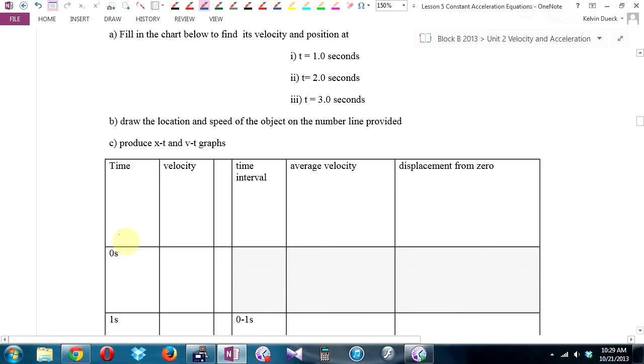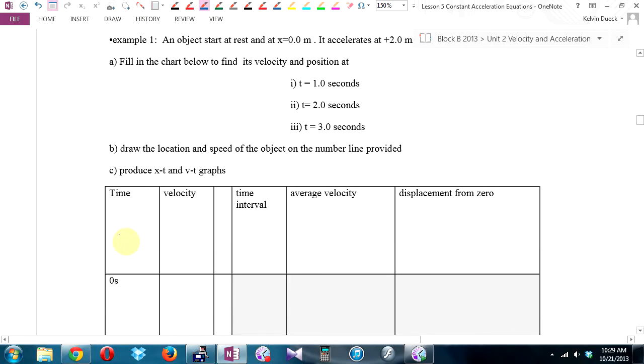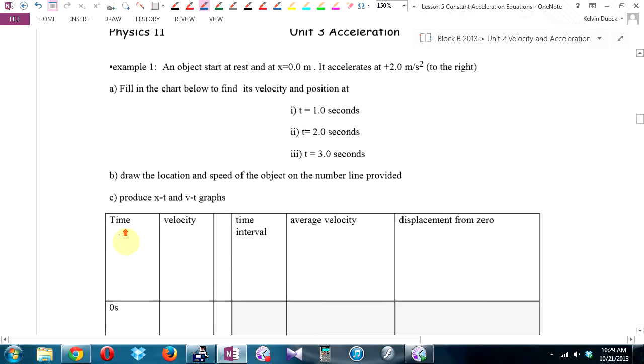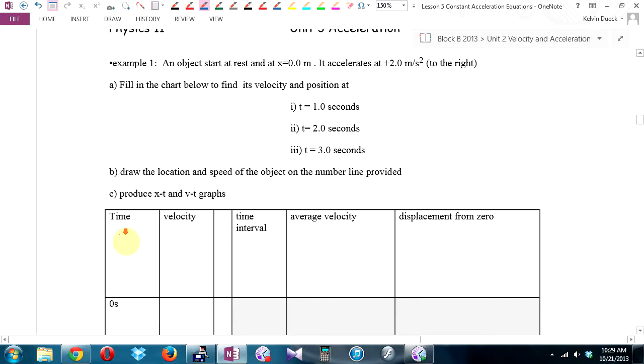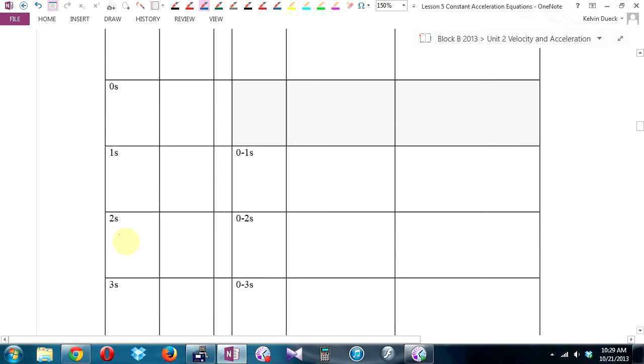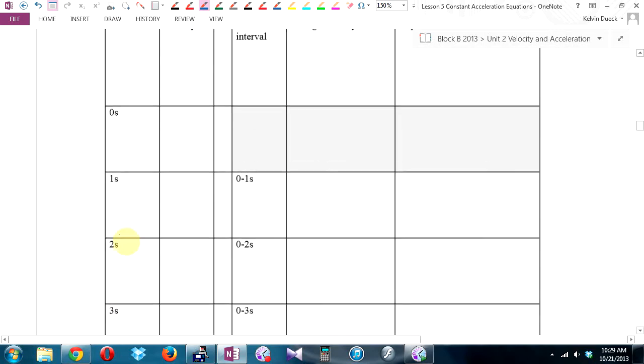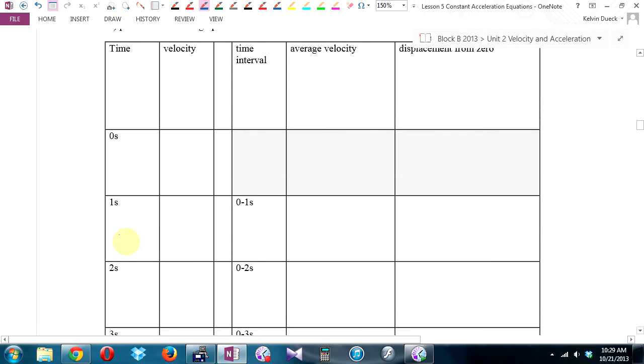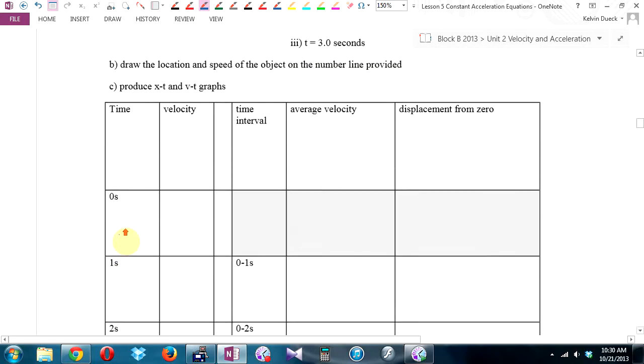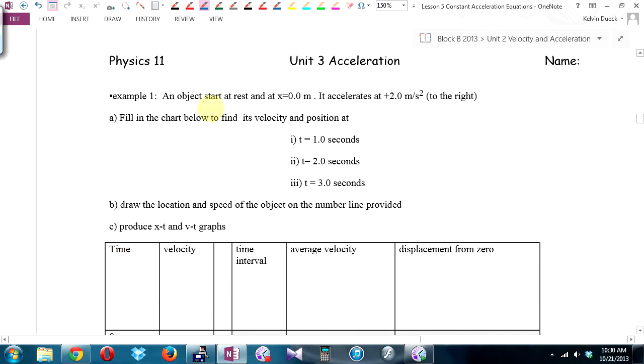What we're going to do is see if our equation also gives us the same thing. Let's see. So we have time 0, 1, 2, and 3. At time 0, according to this question, how fast are we traveling? 0. How do you know? At rest. Okay?